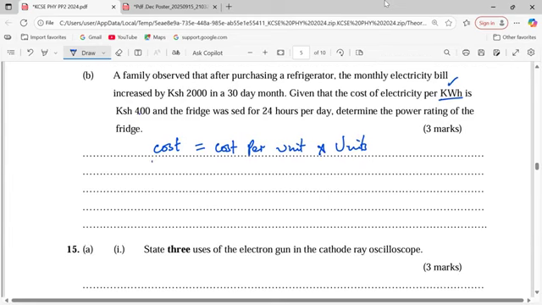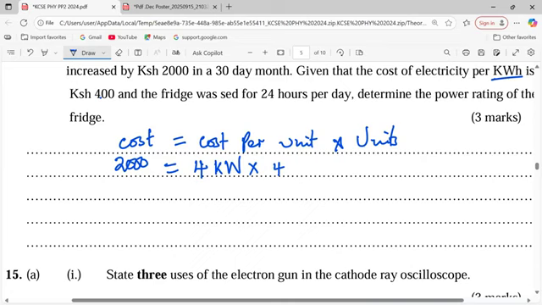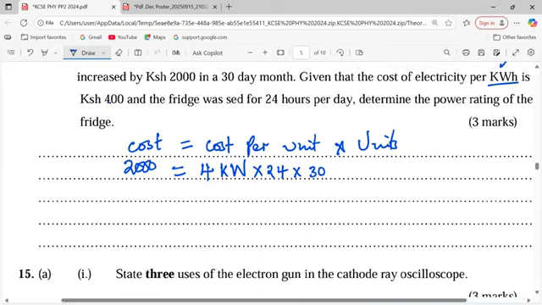Therefore, we will say the cost of 2,000 Kenya shillings is coming from 4, multiplied by the kilowatts, which is the number of units, or rather the power, times the time it was used, which is 24 hours multiplied by 30 complete days.